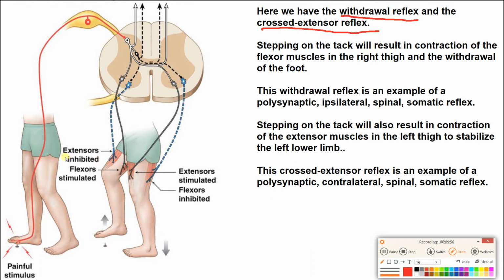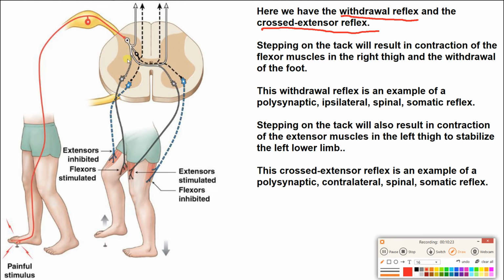So we got a person here walking barefoot wearing shortish shorts, and they step on this tack. There's going to be a receptor sensing that pain. Long sensory neuron going all the way up to the spinal cord, dorsal root ganglion, entering the dorsal horn, synapsing with our interneuron.